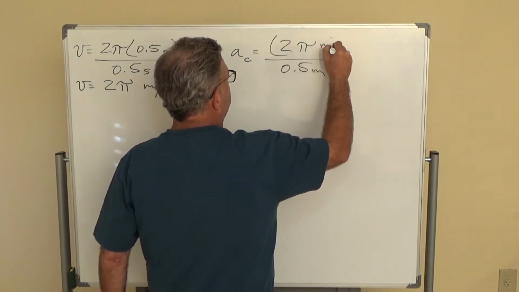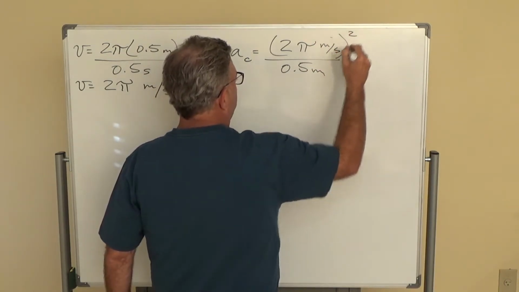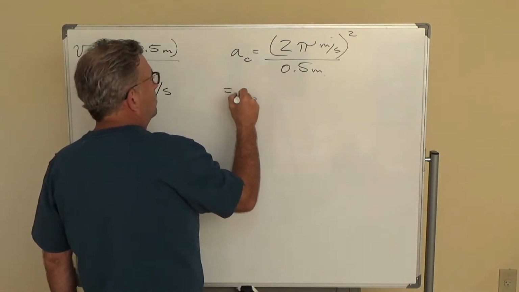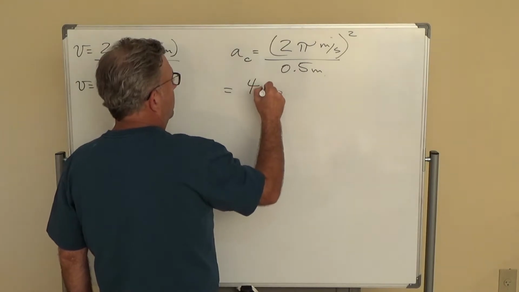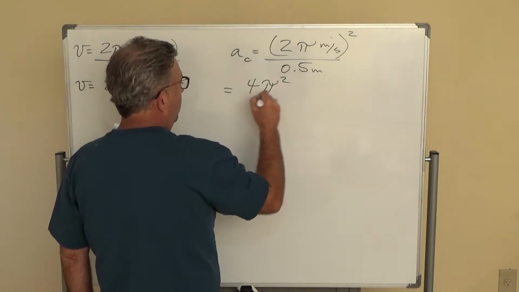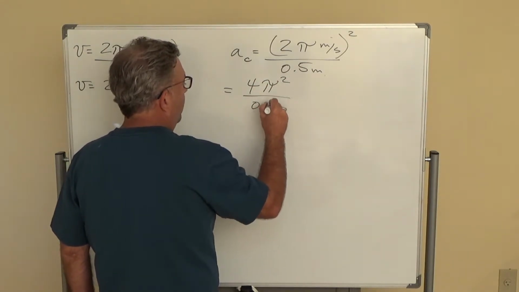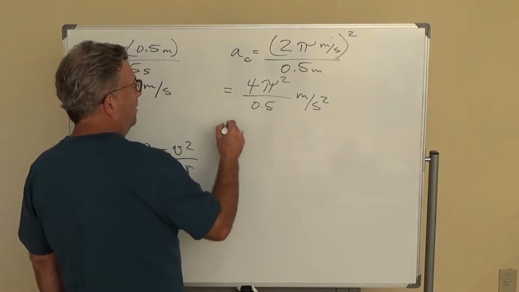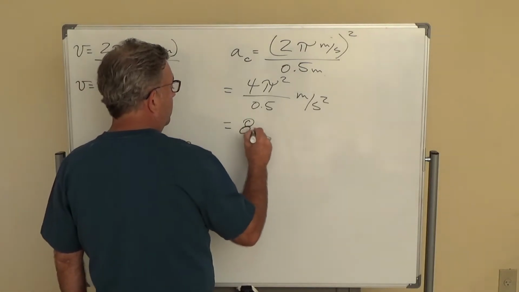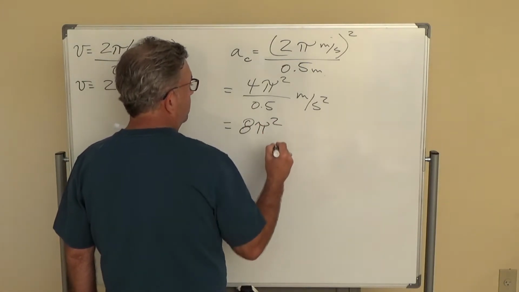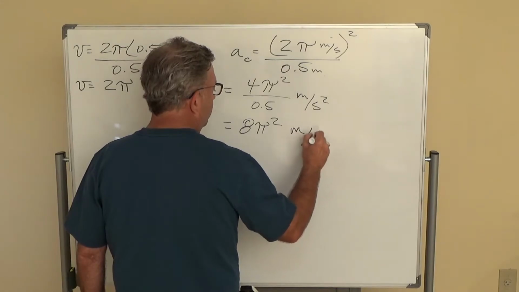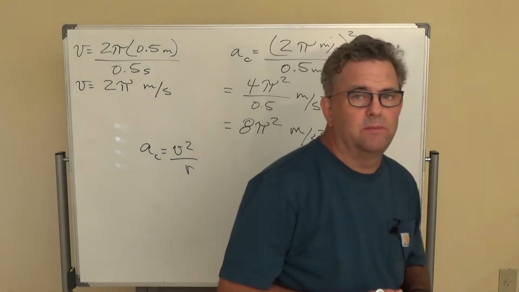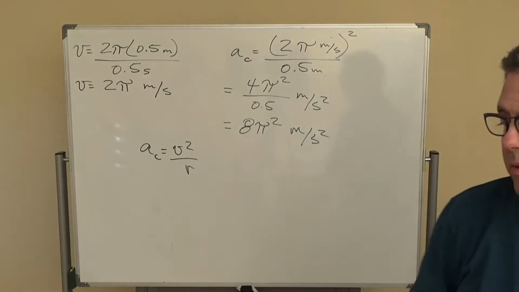This is in meters per second squared. So this is equal to 4 pi squared divided by 0.5, and that has units of meters per second squared, and that's equal to 8 pi squared meters per second squared. And that's it. Okay.